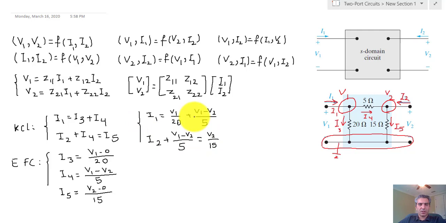Now we can take these 2 and start manipulating them to bring them into the final shape that we're looking for.